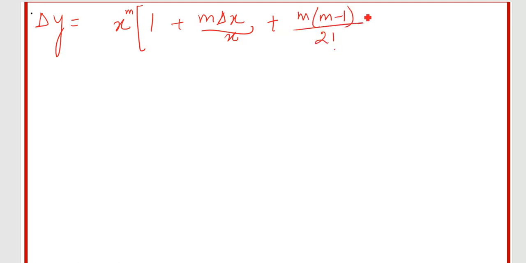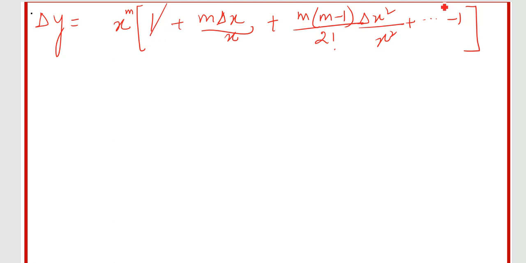Here we have delta y, which is equal to x raised to power m plus m delta x over x, where 1 factorial is 1, plus m into m minus 1 divided by 2 factorial into delta x square over x square plus so on, minus 1.